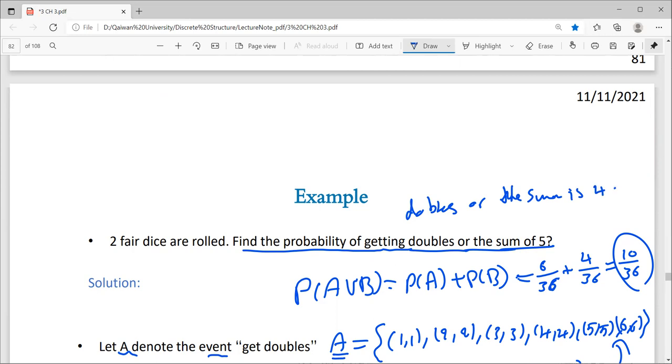How about this one? What's the probability of doubles or the sum is 4? The doubles are the same. It's easy. So what's the result?